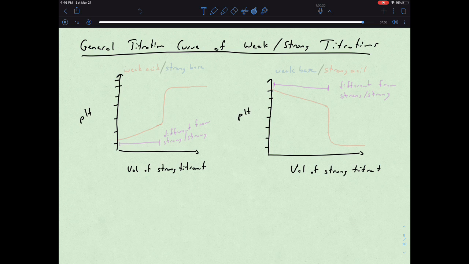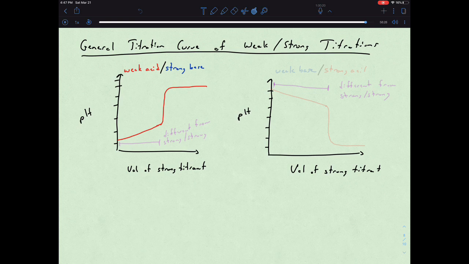If we have a weak acid titrated with a strong base, what that's going to look like is much like we saw above, where you're going to have this increase in pH, and then a sharp increase, and then it's going to flatten out over time.